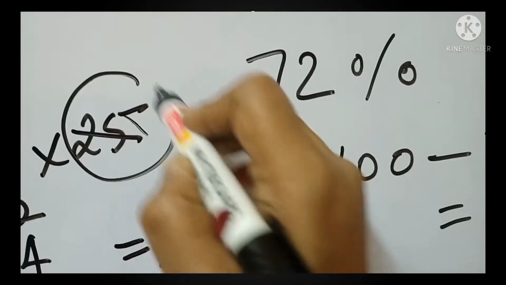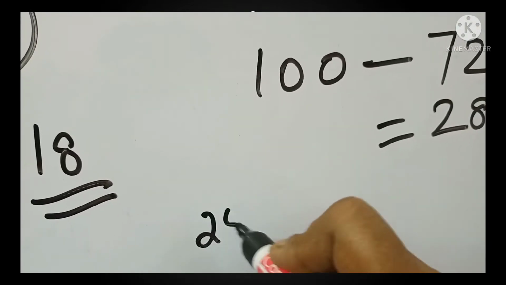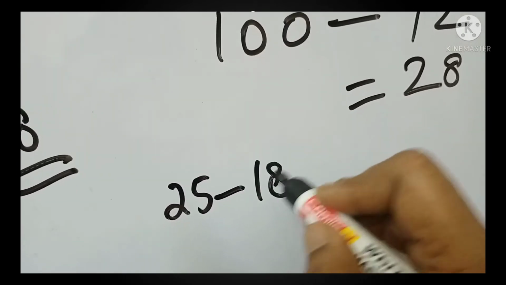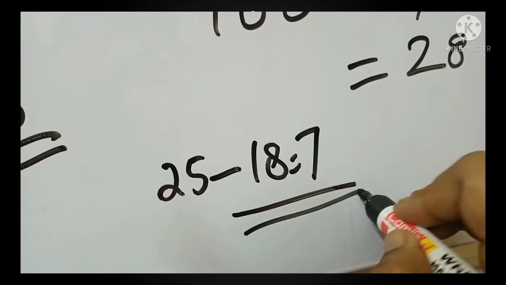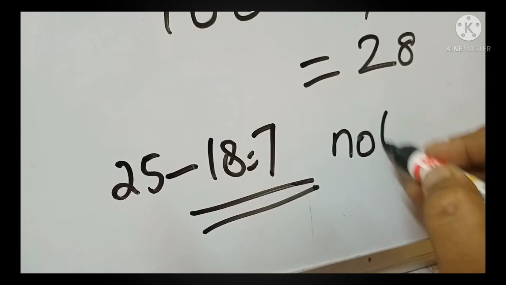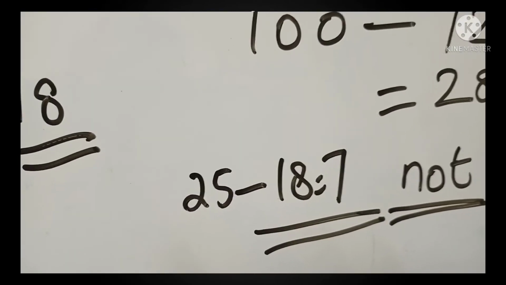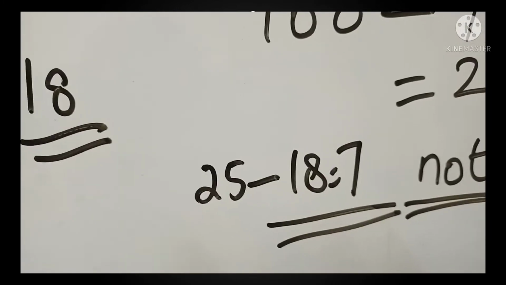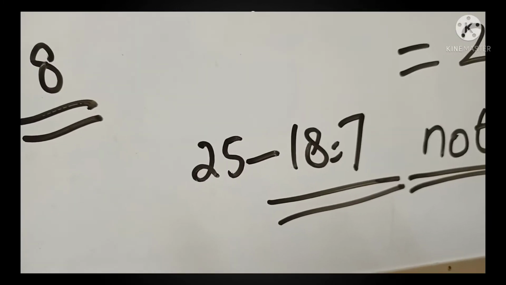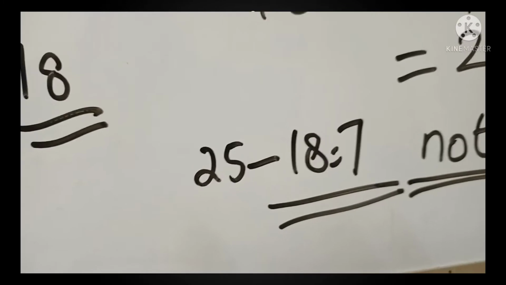The total is given as 25. So 25 minus 18 is equal to 7. So 7 students are not good in mathematics. This is the way we can find the number of students if the percentage is given.